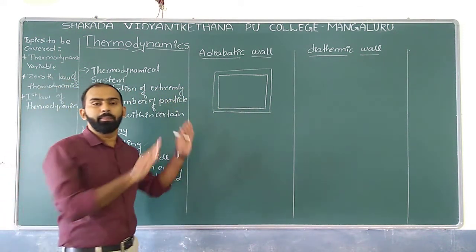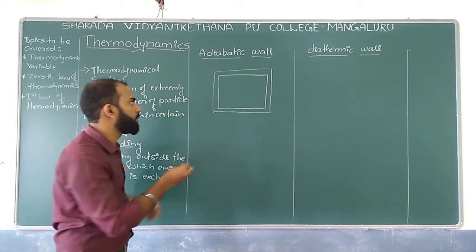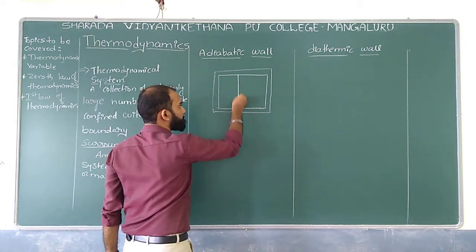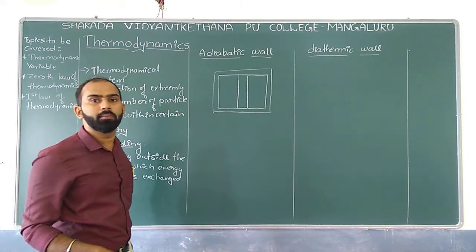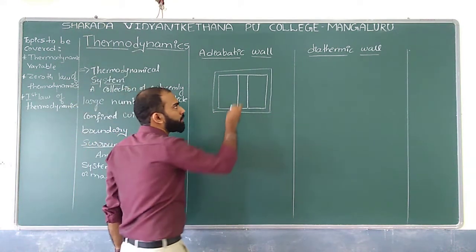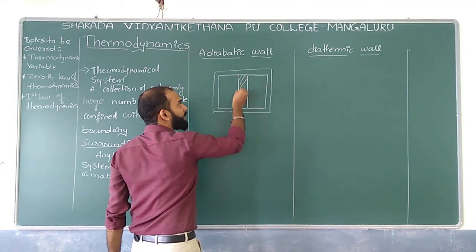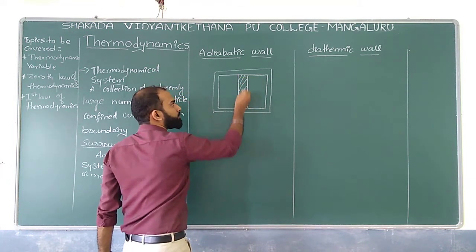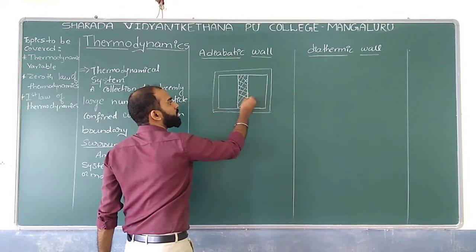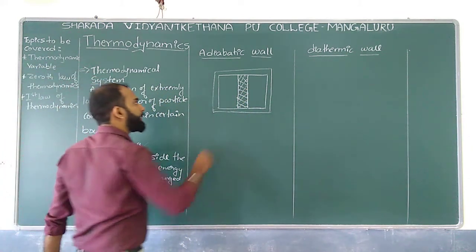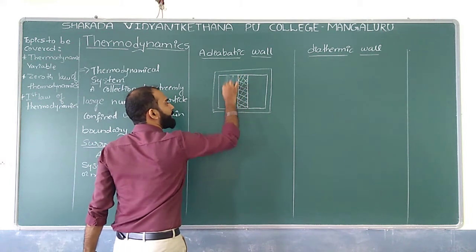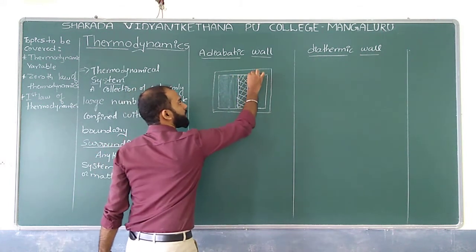Now I will make two parts in it. And this is the wall I am keeping, the adiabatic wall. So this is the adiabatic wall I am keeping over here. Now, what I do here is, there is water over here.